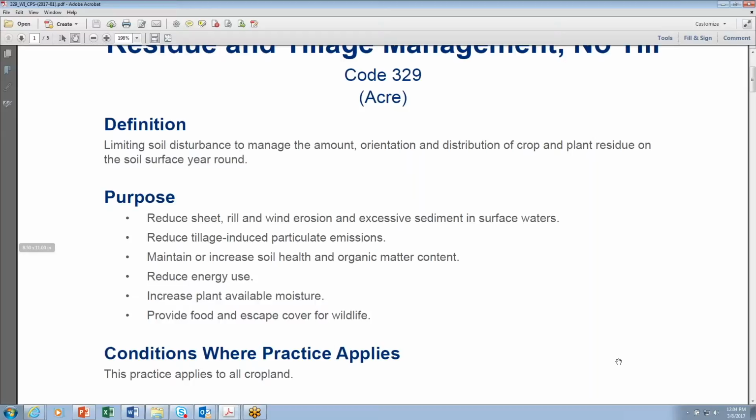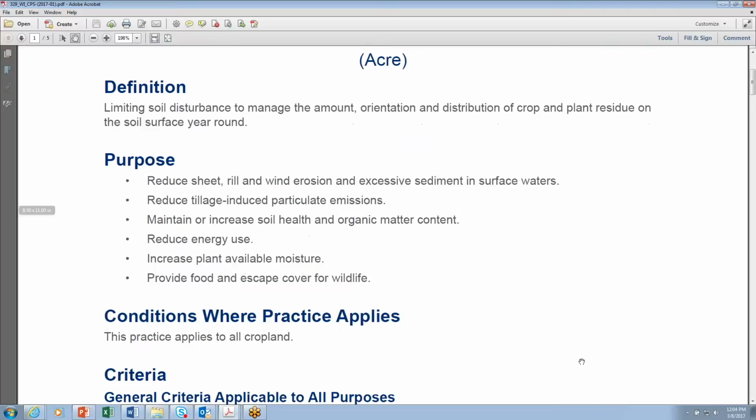It maintains or increases soil health and organic matter content. So we've definitely built soil health into this practice standard, which is great. Energy reduction is part of this practice standard. Increasing plant available moisture is absolutely a part of this practice standard. And food and escape cover for wildlife is also a part of the 329 standard.